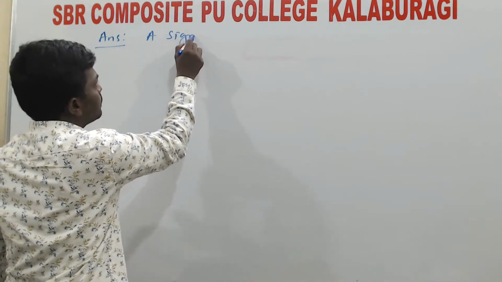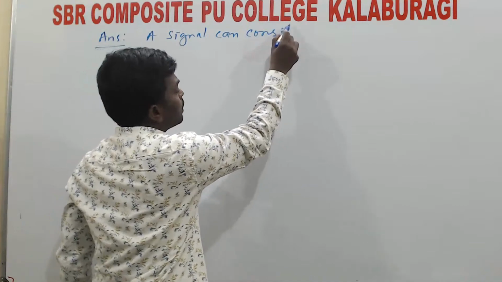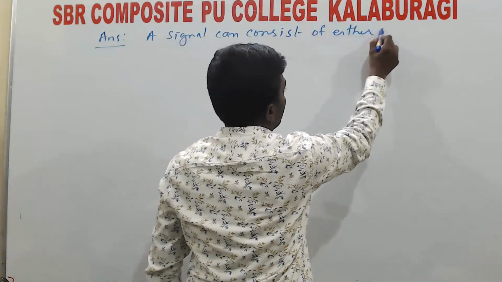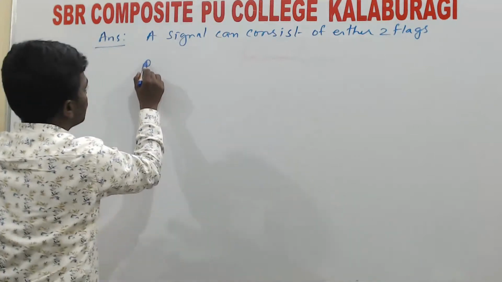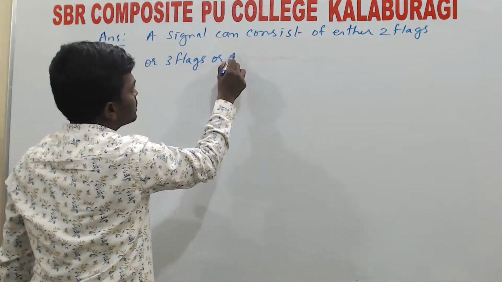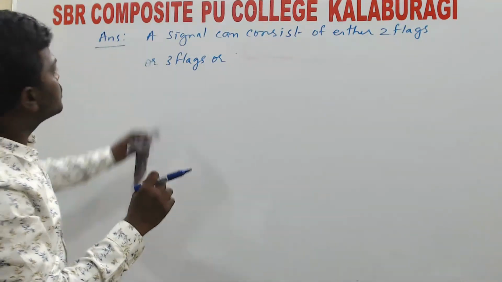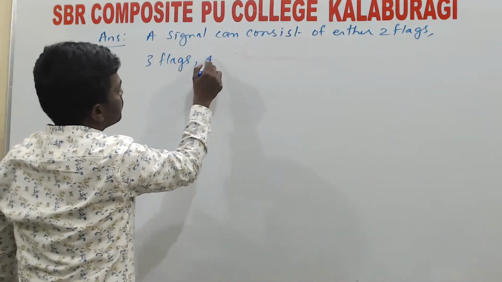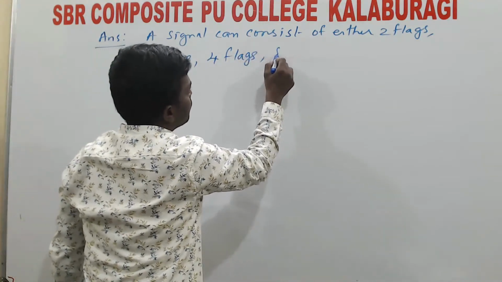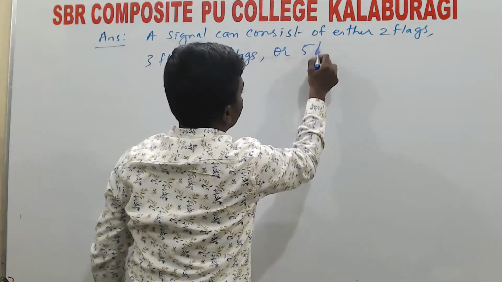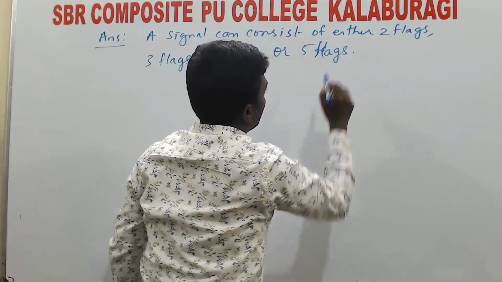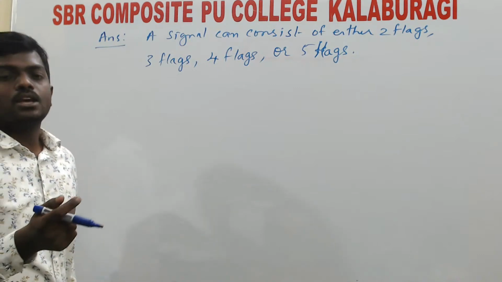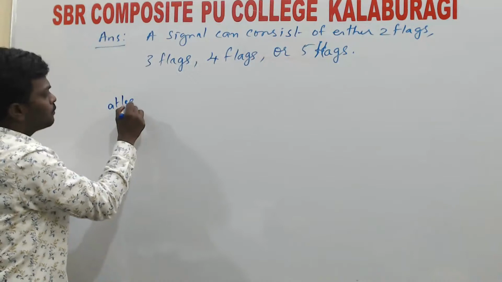A signal can, in this particular question, consist of either 2 flags, 3 flags, 4 flags, or 5 flags, because they have given at least 2 flags.